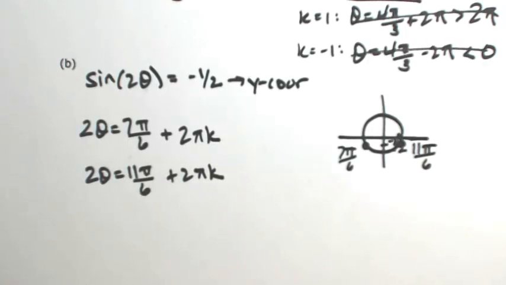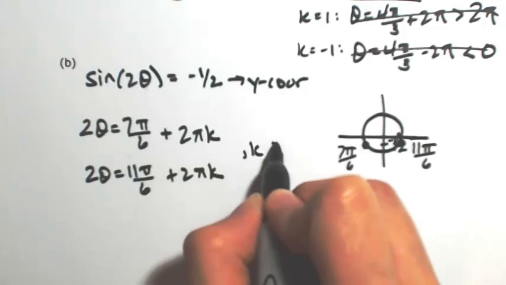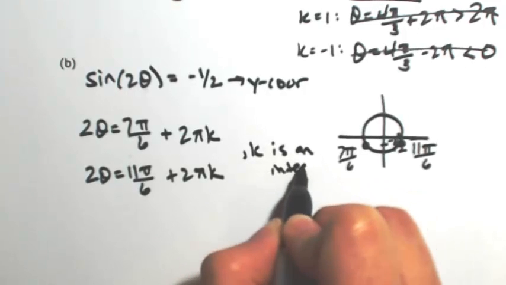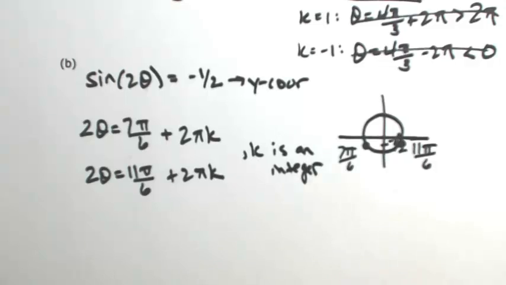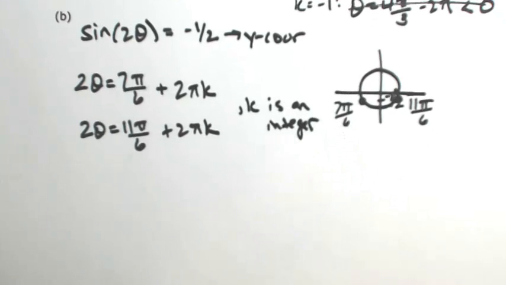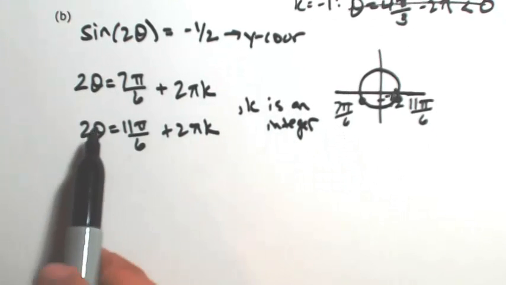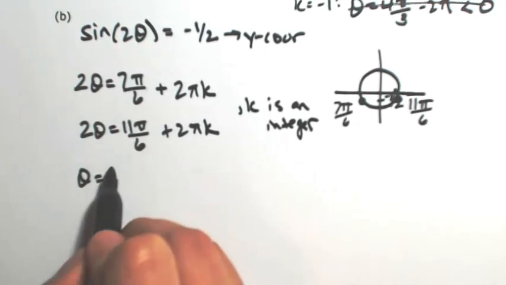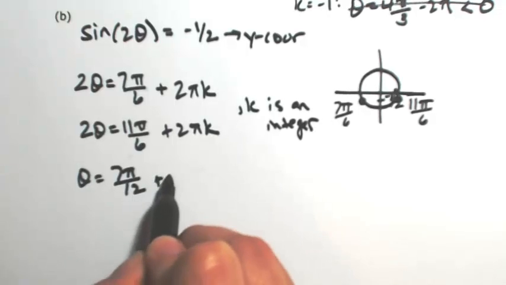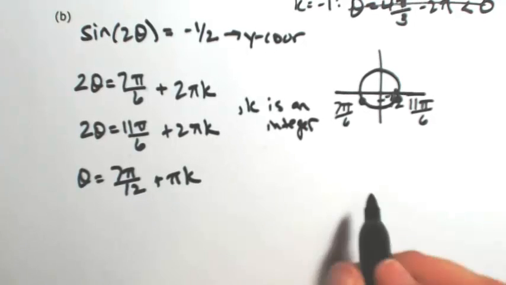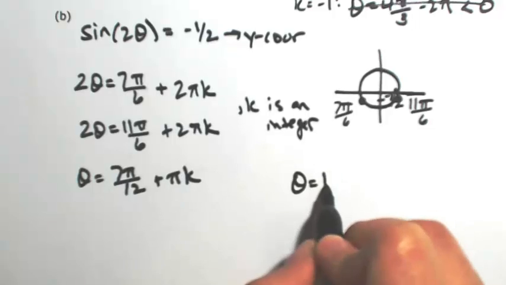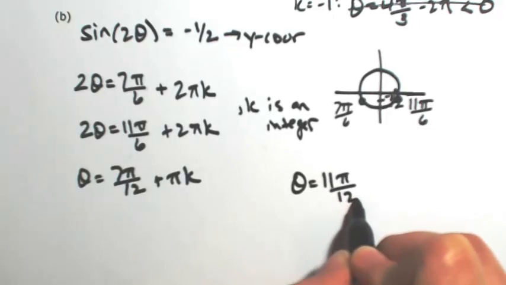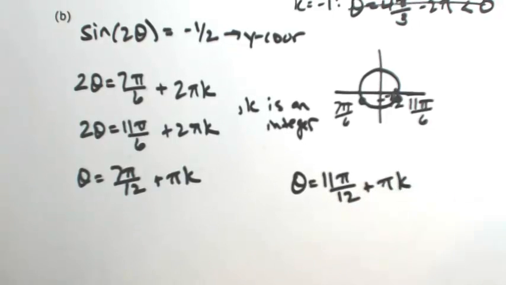So adding multiples of 2 pi, where again, k is an integer. Let's take a look at what happens when I divide by 2. Theta would be 7 pi over 12 plus pi k. That's one possibility. The second possibility, dividing by 2, I get 11 pi over 12 plus pi k.